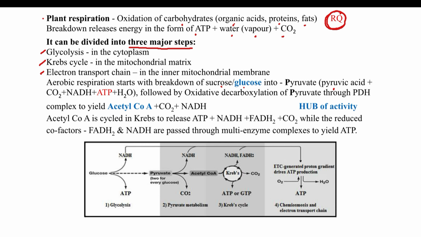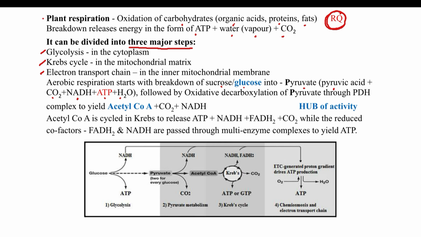So glycolysis starts with a 6-carbon compound. It gives us 2 molecules of the 3-carbon compound pyruvate at the end of glycolysis. In addition, we also get carbon dioxide, NADH, which is the reduced cofactor, ATP, and water.